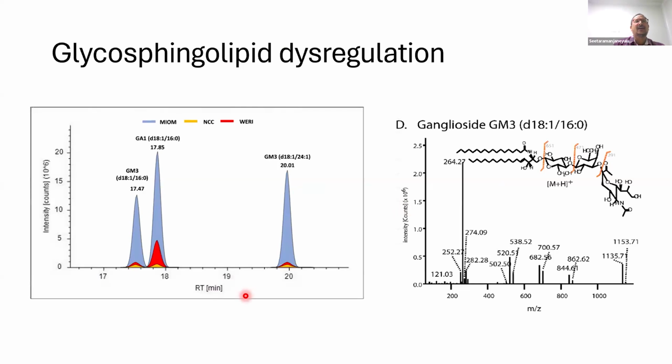Here we are showing at least 3 glycosphingolipids, which are GM3 with a D18:1/24:1 chain, and GM3 with a D18:1/16:0 chain, and GA1. Both GM3 are gangliosides. Gangliosides means the ceramide will have at least one sialic acid, and this also we have to manually verify to confirm the compound.